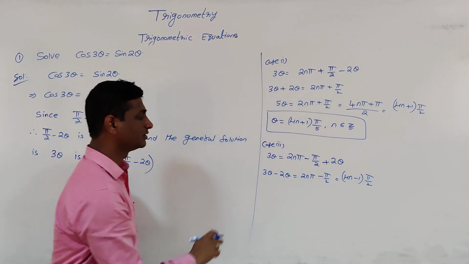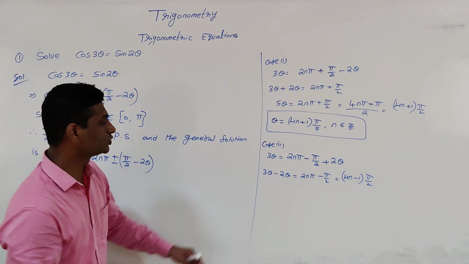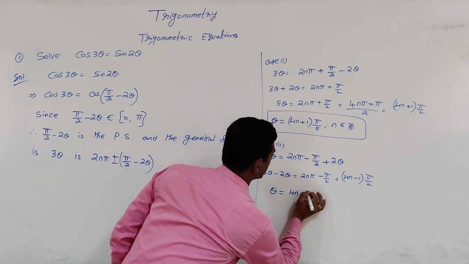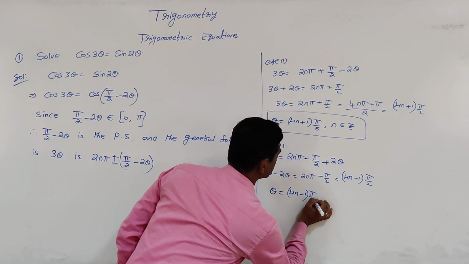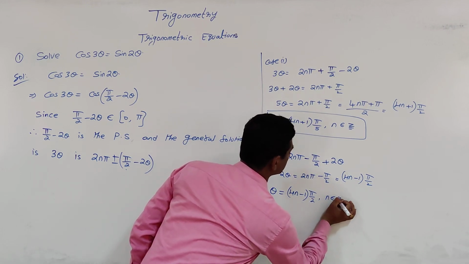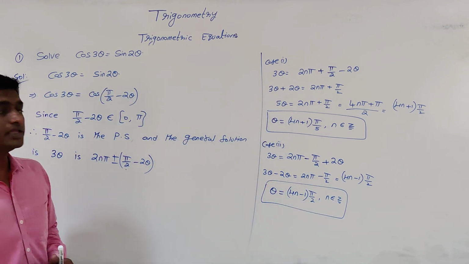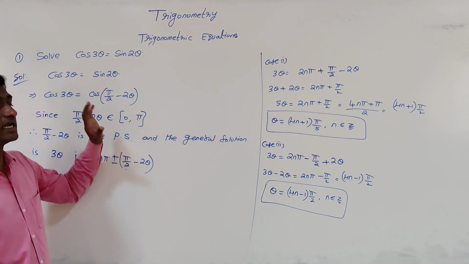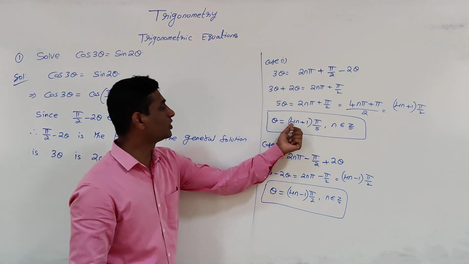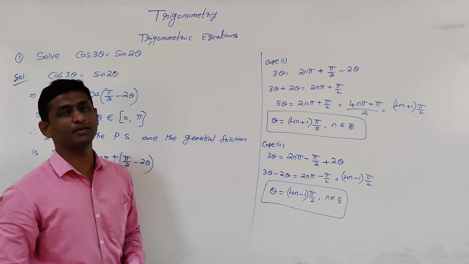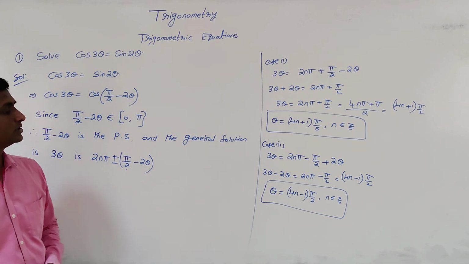But we require theta, and 3 theta minus 2 theta is theta. Theta is equal to 4n minus 1 times pi by 2, where n belongs to Z. So this is the other solution. Either we can find the angles which satisfy the equation as 4n plus 1 times pi by 5 or 4n minus 1 times pi by 2. So that is the solution.